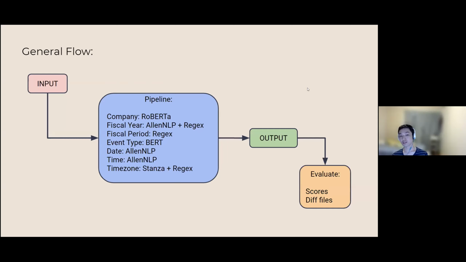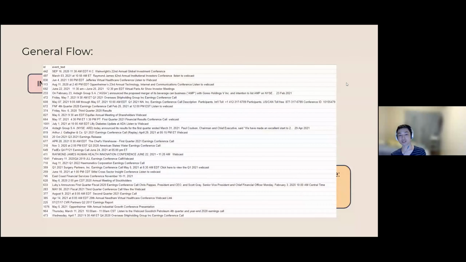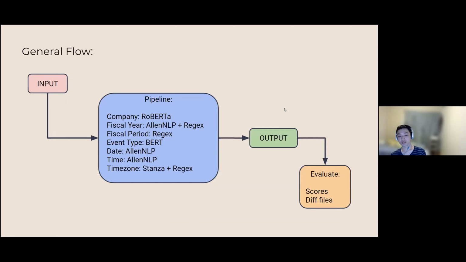So we will go over our demo now. For how our pipeline works, we give the input file, which is basically just the list of the event text, and that will go into our pipeline, which we have configured to use our best performing models from our experiments.